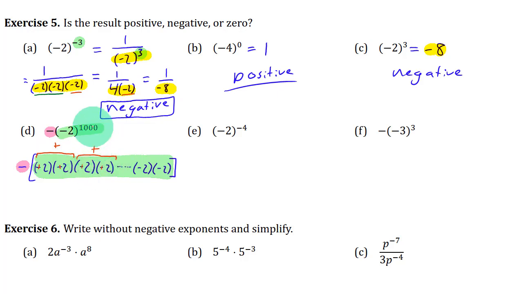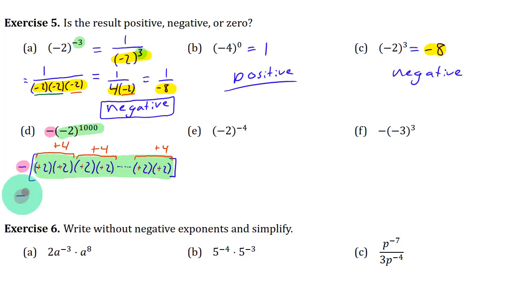And 1,000 is an even number, right? So that means you're going to be able to pair these up all the way into 500 pairs of positive numbers. So all of that is going to turn into 500 pairs of positive numbers. It's basically going to be 4 to the power 500.